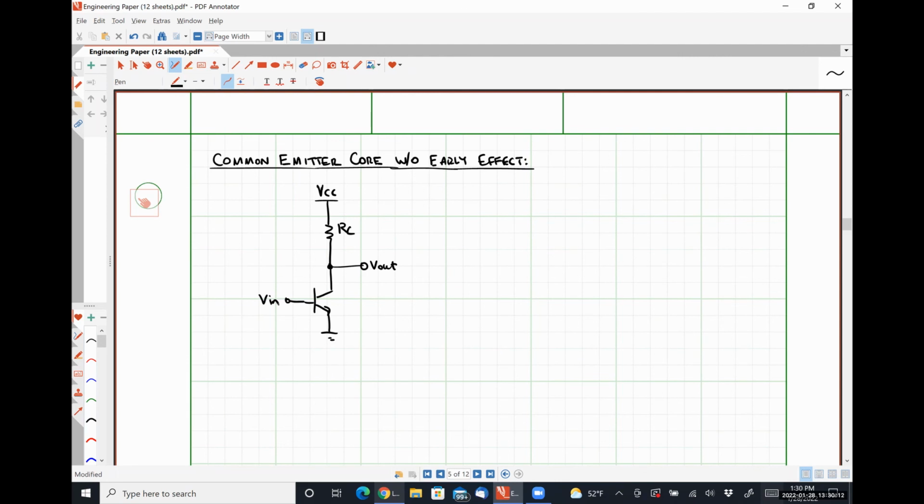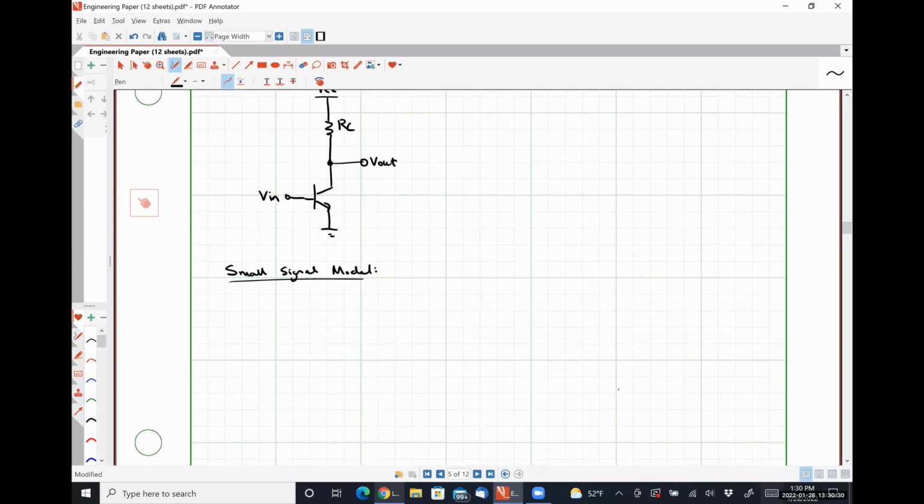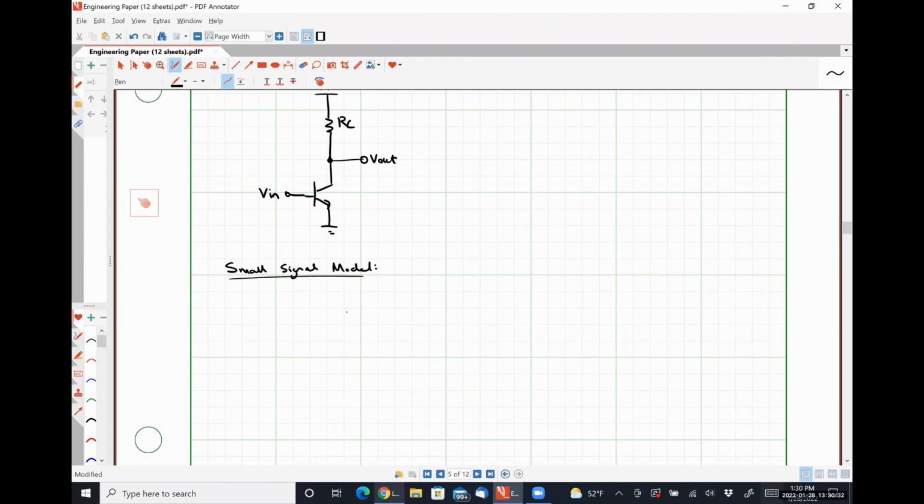Okay. So if I were to draw my small signal model for this guy, it would look something like this. Let's make this terminal our base. Here is our resistance R pi.